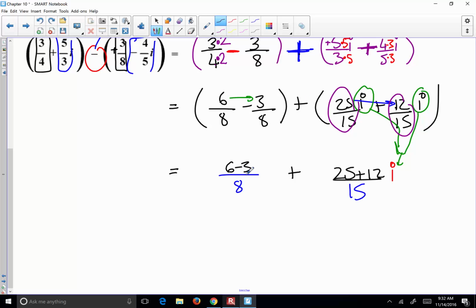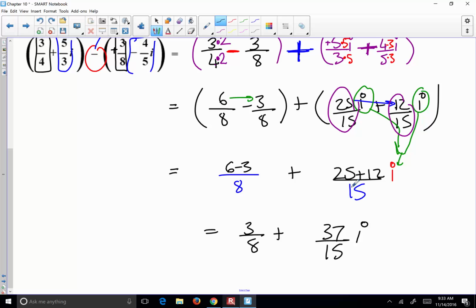Okay. 6 minus 3 is 3. 25 plus 12 is 37. This is it. So this is a very comprehensive question because it also checks your knowledge of fraction, addition, and subtraction, right? It's a good review.